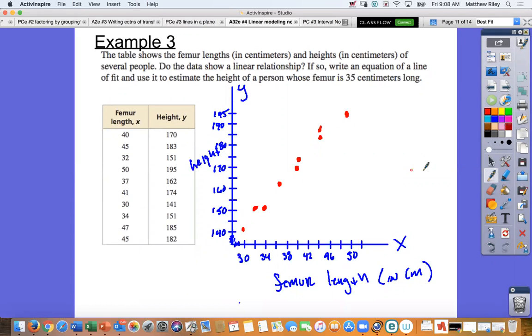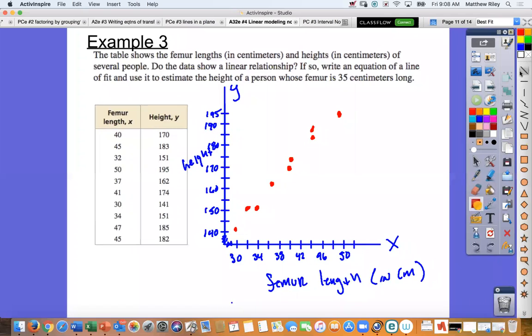Your line of best fit needs to try and go through at least 2 points. But one thing, I want to have about the same amount of dots above it and below it, which means if I'm trying to do a line of best fit, I don't want them all to be above it. That's not a good line of best fit. I don't want to just go through a couple of the first two. That's not a good line of best fit.